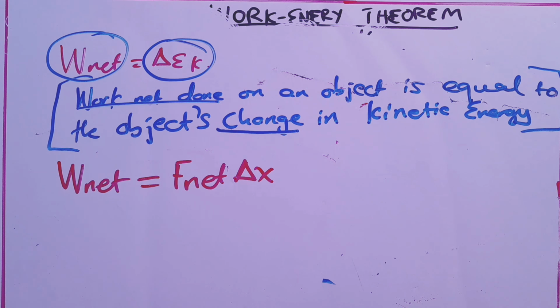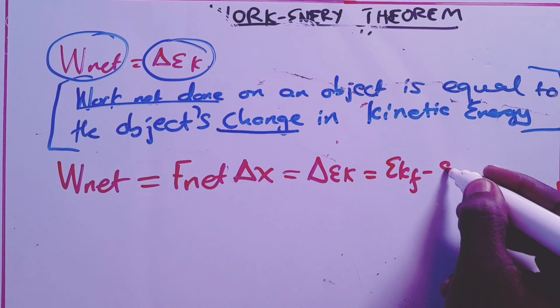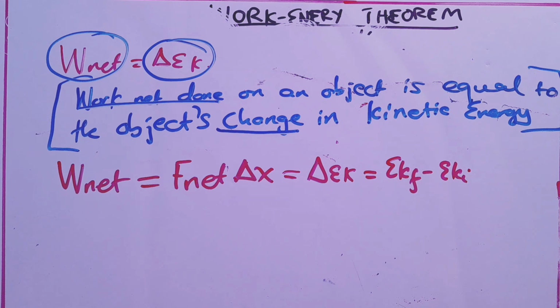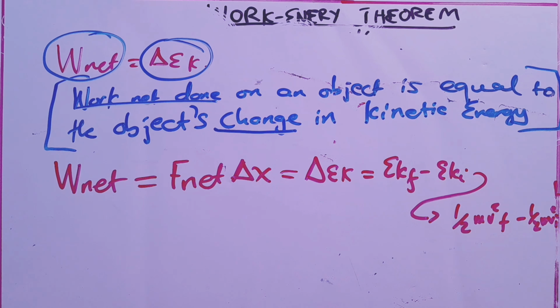What is the change in Ek? It is Ek final minus Ek initial. But this is also the same as half mv squared final minus half mv squared initial. So this formula now becomes more simple to use.